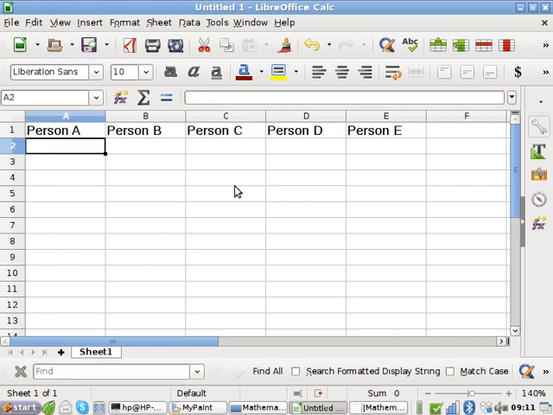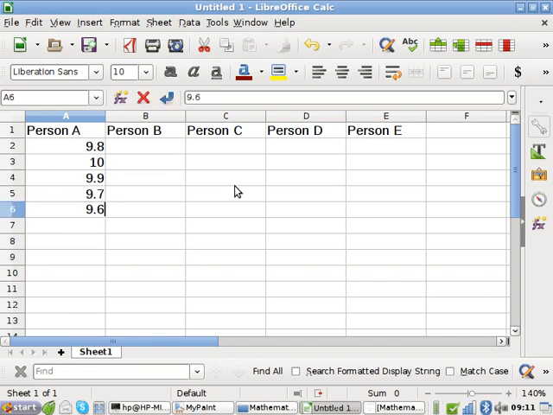So the first person, they do it one time and they get 9.8, which is good. They do it again and they get 10. Then they get 9.9, 9.7, 9.6. And then maybe they do one really bad and they get 9. Then they get 9.8 again. Oh, no, that's too bad. And then they get 9.8 and then they get 9.7. Something like this.